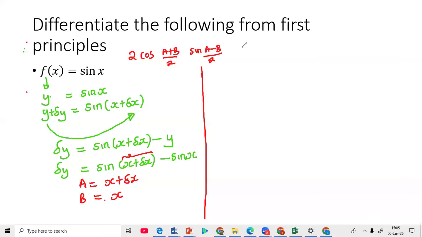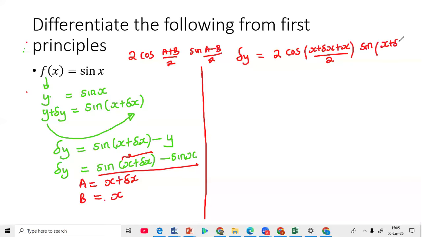So I'll have my change in y is equal to 2 cos of my A, which we have said is x plus small change in x, plus B, which is x, everything divided by 2. Then I have my sine, which is going to be x plus small change in x minus x, everything divided by 2.